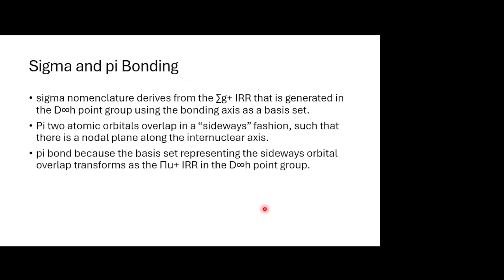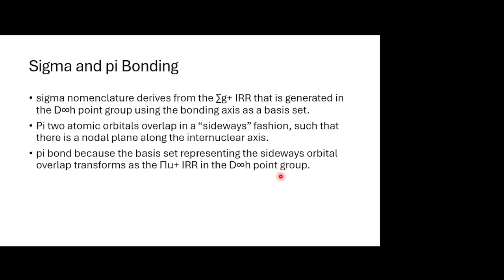Your pi bond is, again, going to be the basis set representing the sideways orbital overlap transformations. This right here being capital pi u plus. This is its irreducible representation, would represent that symmetry in your D infinity h point group again.